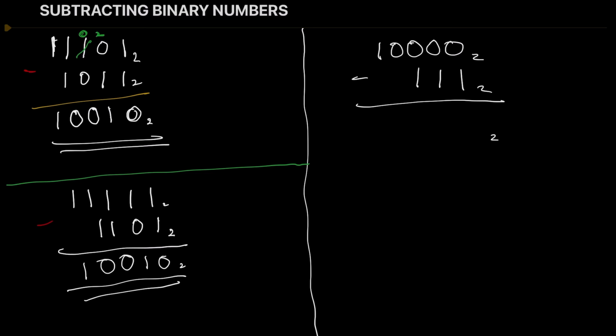This is not possible, right? So we decide to borrow 1 from 0, which also is not possible. So basically here what we do is we take 1 from here, which becomes -1.